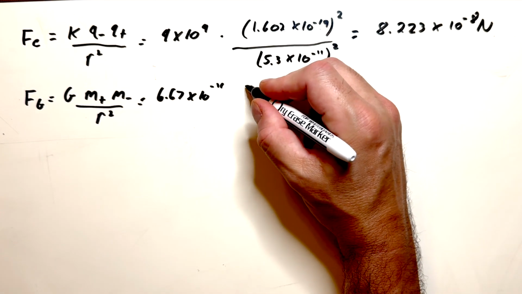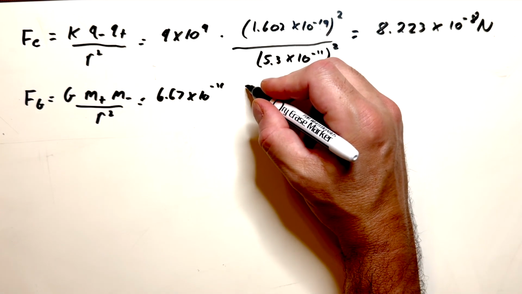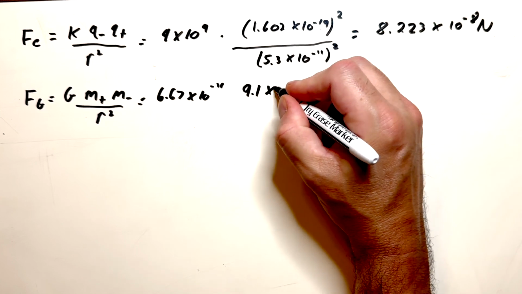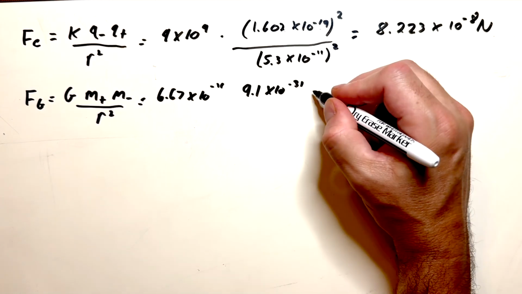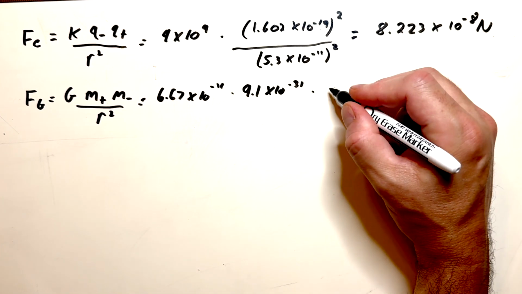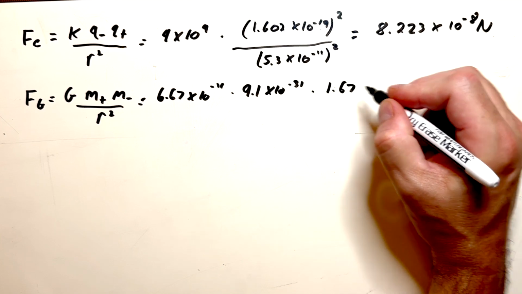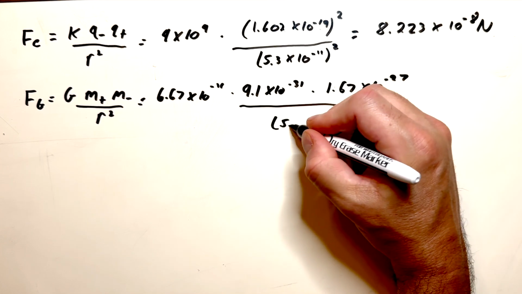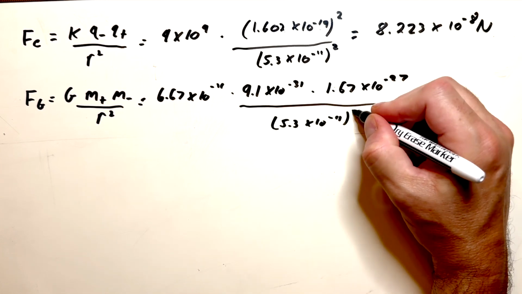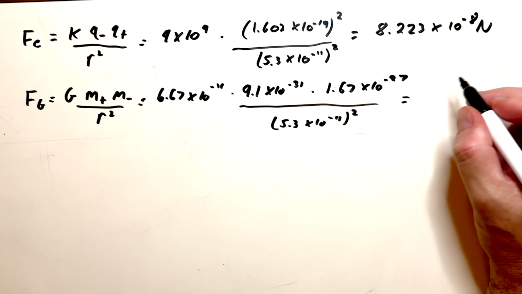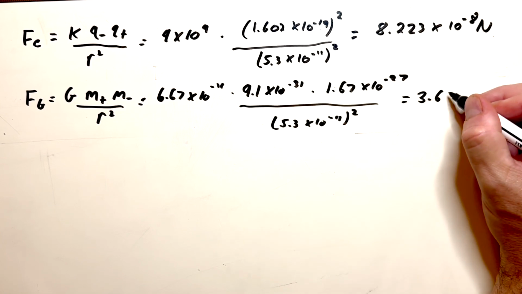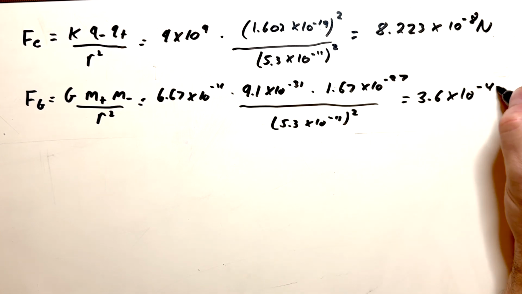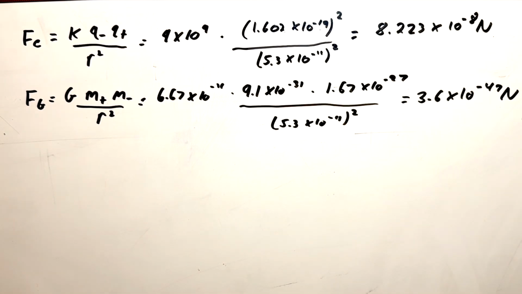That will be times the mass of the electron, 9.1 times 10 to the minus 31 kilograms, multiplied by the mass of the proton, 1.67 times 10 to the minus 27 kilograms, and we'll divide all of this by, again, 5.3 times 10 to the minus 11 squared. When we plug all that in, we get 3.6 times 10 to the minus 47 newtons. If you take the ratio of those two, you'll get the 40 orders of magnitude difference that I got in the lecture.